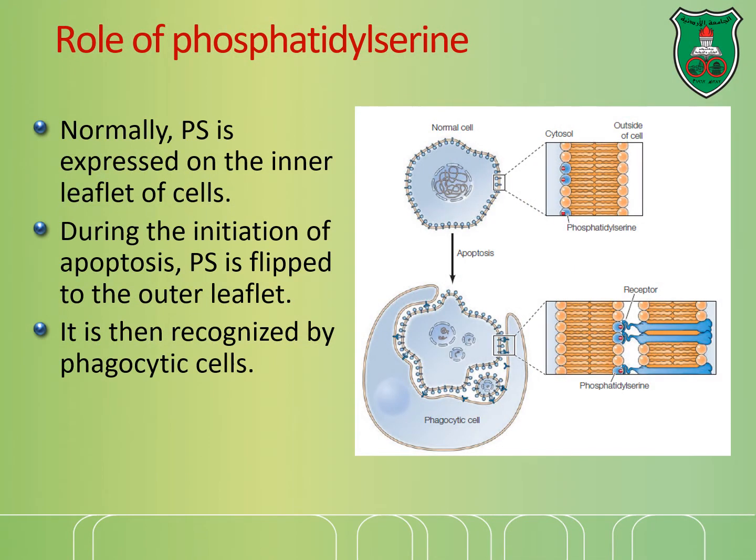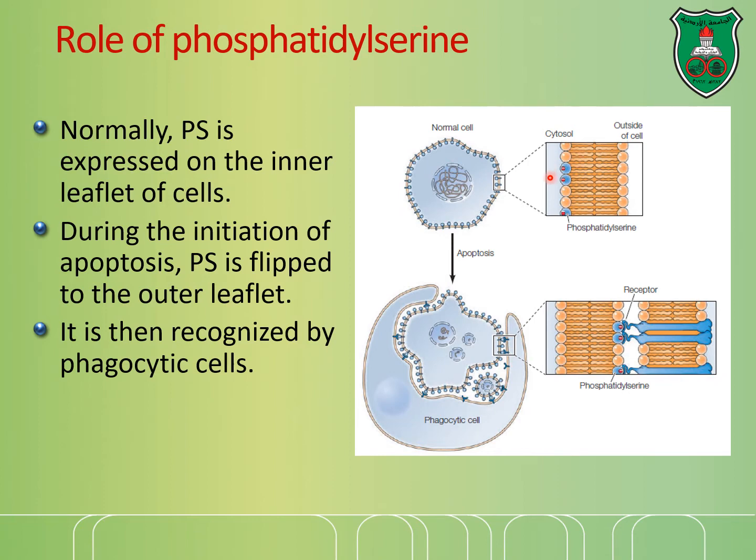So there are different markers for apoptosis to know if cells go through apoptosis or not. And one of these markers is phosphatidylserine. Now, phosphatidylserine is present in the inner leaflet of the plasma membrane, oriented towards the cytosol.